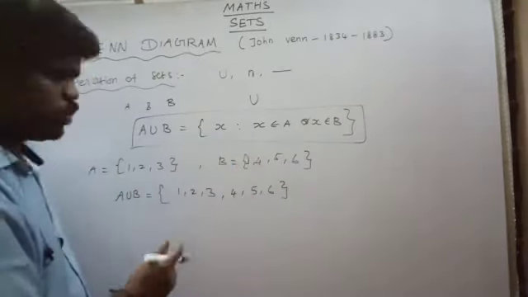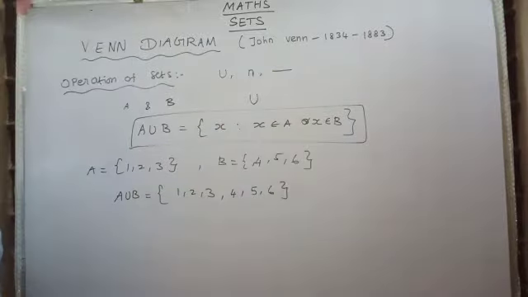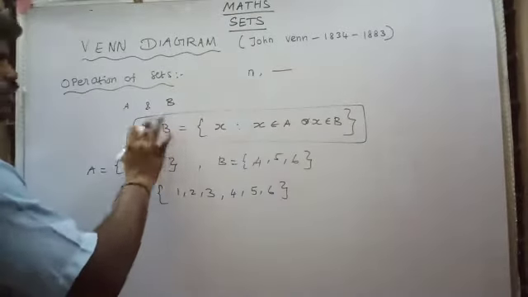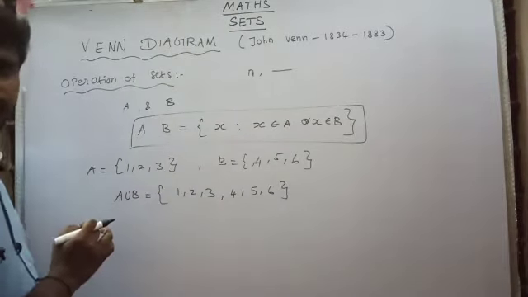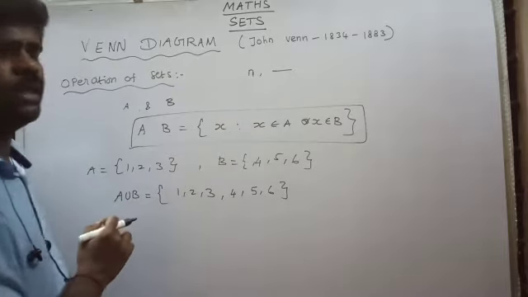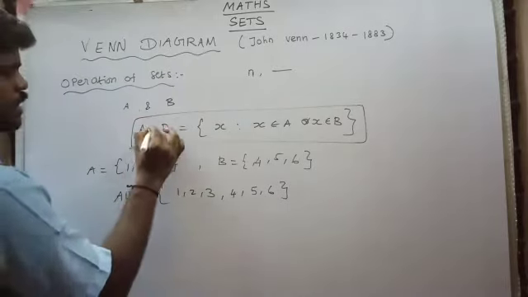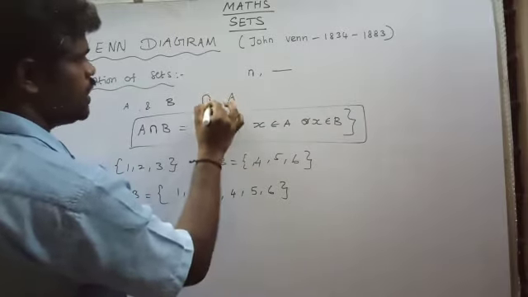And you want to know the intersection. Suppose A and B are two sets. The intersection of two sets is written with the symbol intersection.